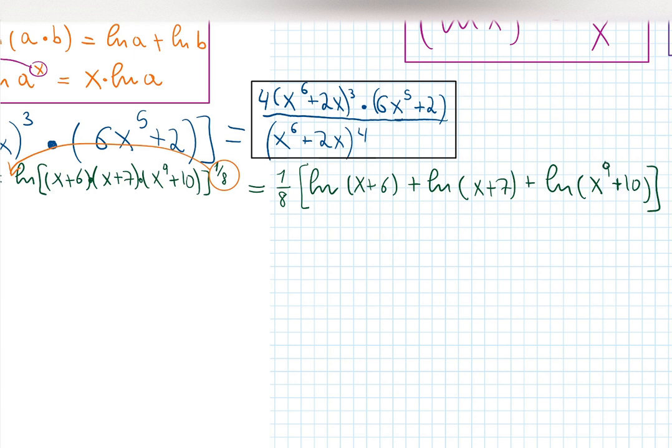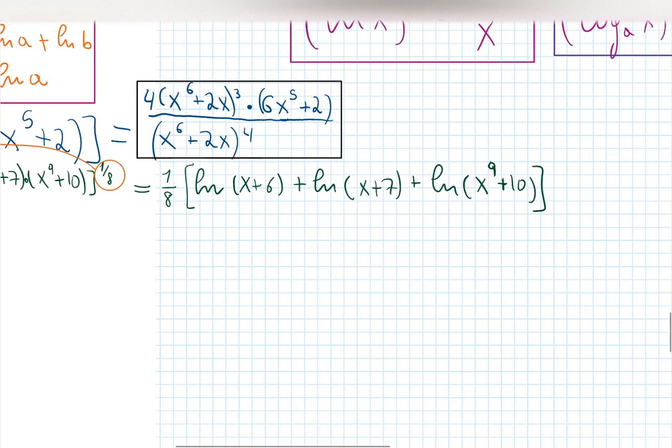Close the bracket, everything multiplied by 1/8. Note, we do not simplify this piece. We don't have any property that helps us to work with log of a sum. And this 9 over here is not going down because it's inside of the log, which is a polynomial here.